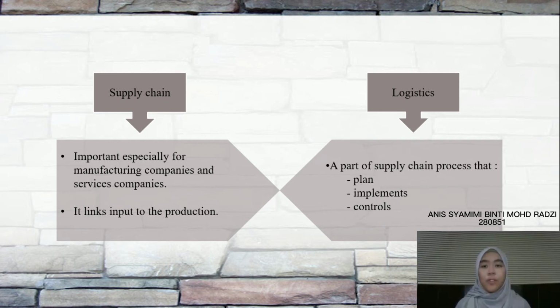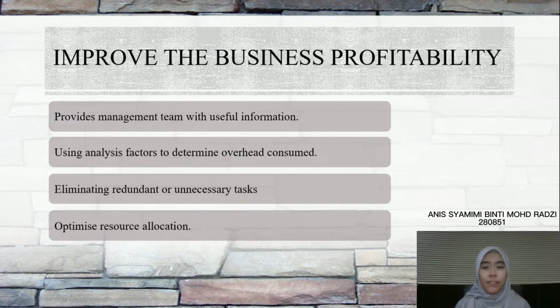Next, we will move to the main part of this presentation, which is three advantages of the activity-based costing system to the logistics industry. The first advantage of the activity-based costing system to the logistics industry is improved business profitability. Activity-based costing is addressed to solve the problems concerning the traditional cost accounting system based on volume and to improve business profitability.